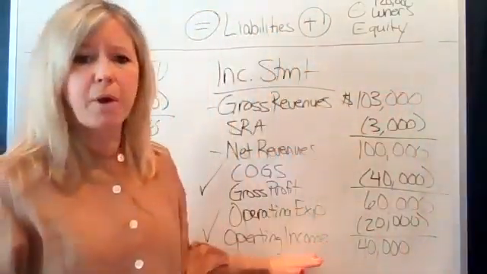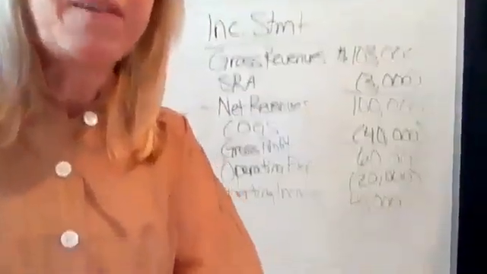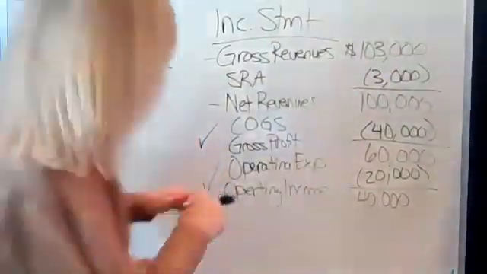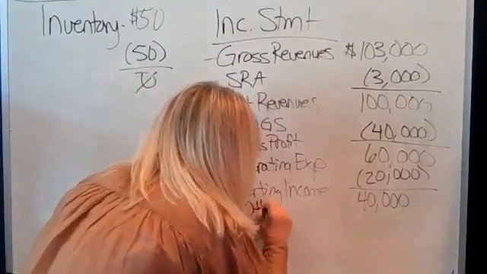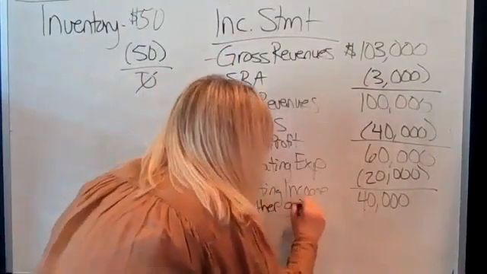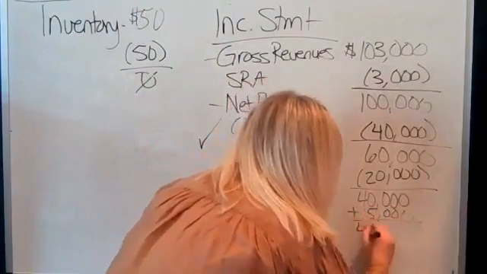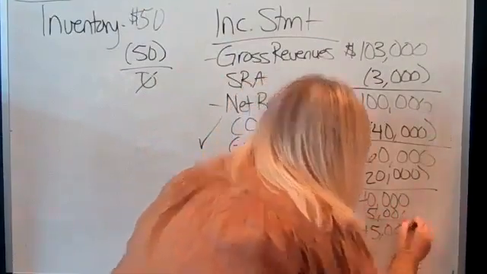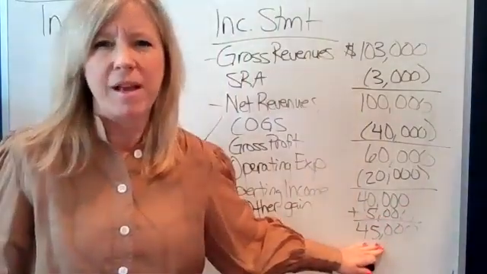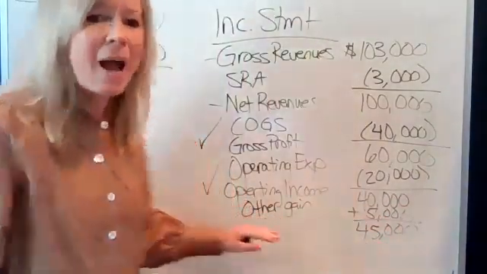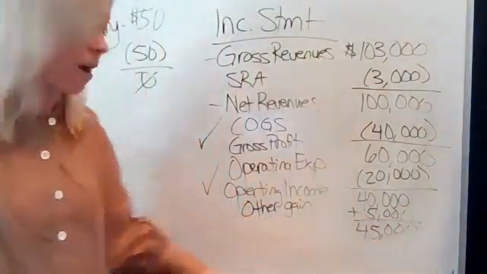So below your operating income, you might have things called other gains and losses. So I'll just say this particular company had an other gain of $5,000. And now, are we finally at our net income of $45,000? Not yet. So I'm going to call this yet another level of profitability.